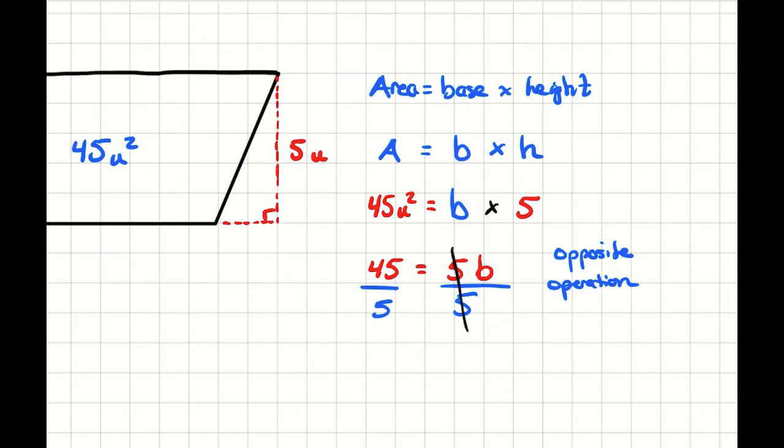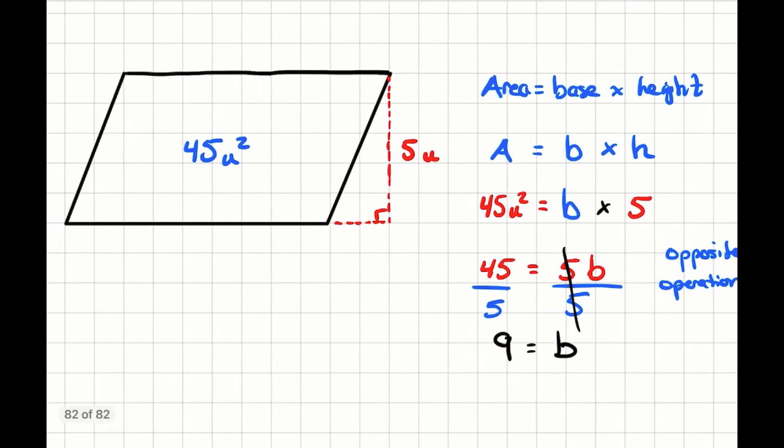Now on the right-hand side, they cancel out. I carry down b. And 45 divided by 5 is 9. So my base, right here, is going to be 9 units.